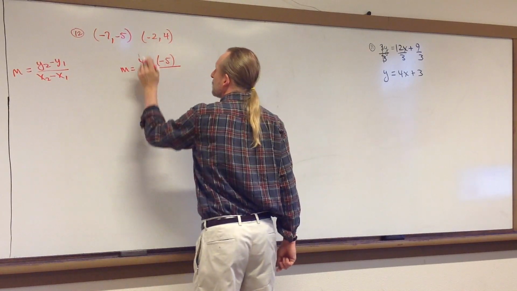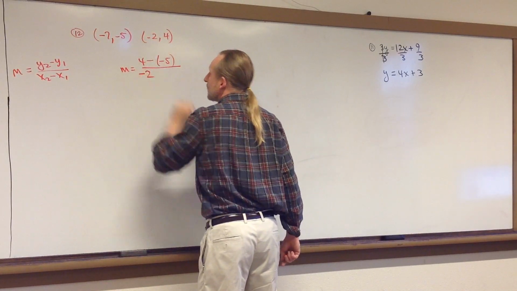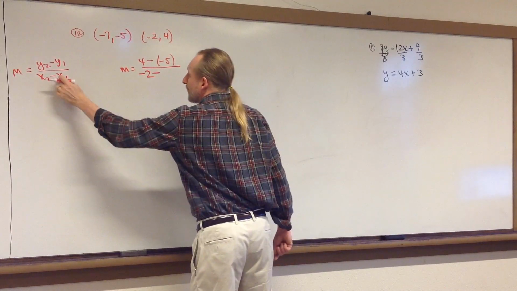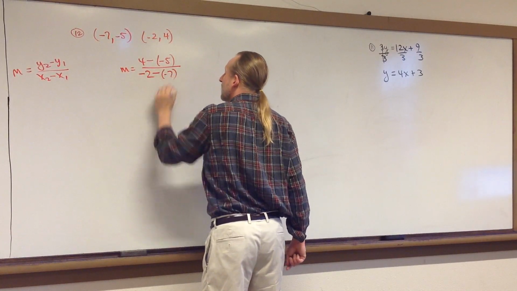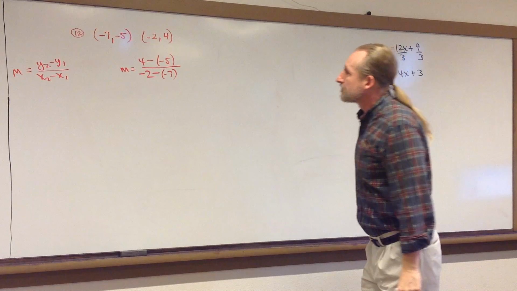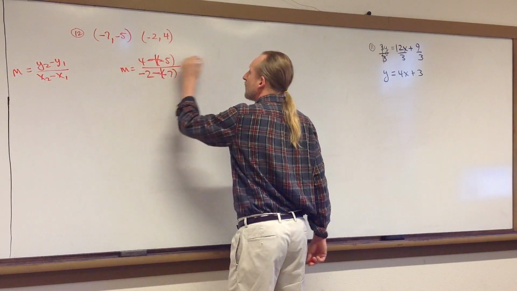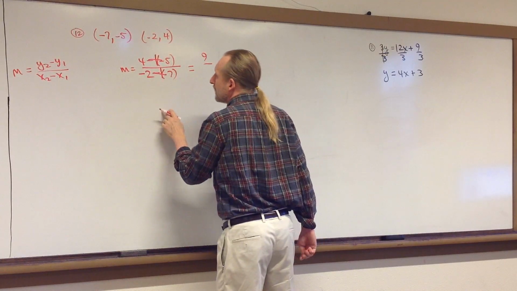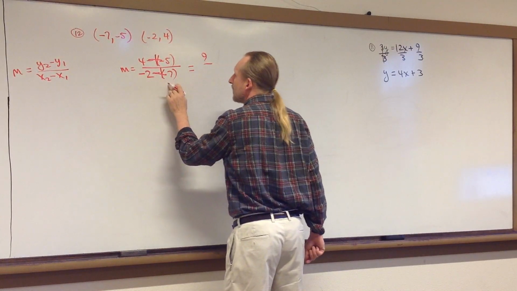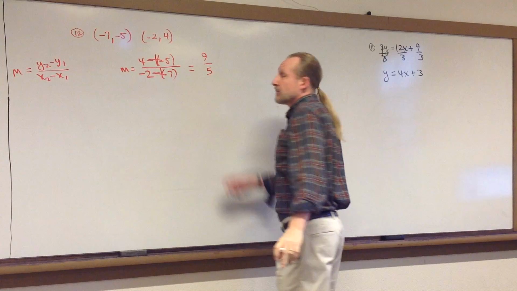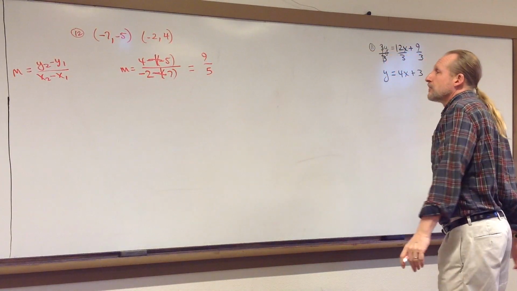And then for the x's, because I started with the 4, I have to start with -2, subtract, and then we'll get another negative again from that -7. So both of these double negatives will mean positive. 4 and 5 is 9, and on the bottom, -2 plus 7 is going to give us positive 5. So our slope is going to be 9/5.